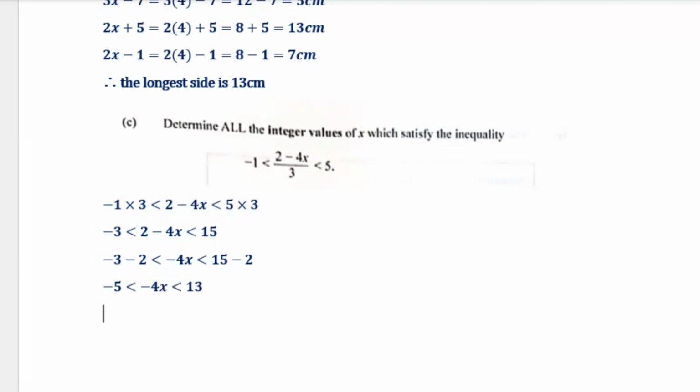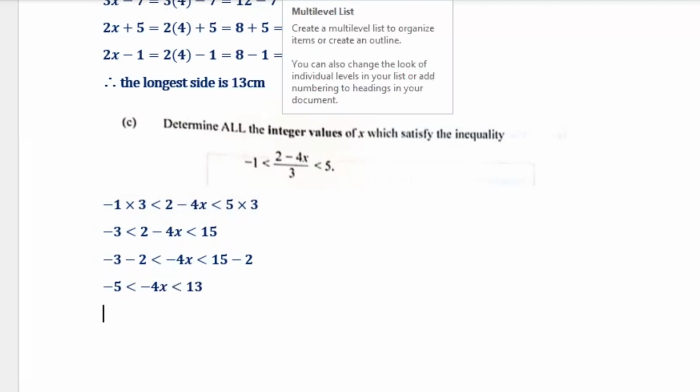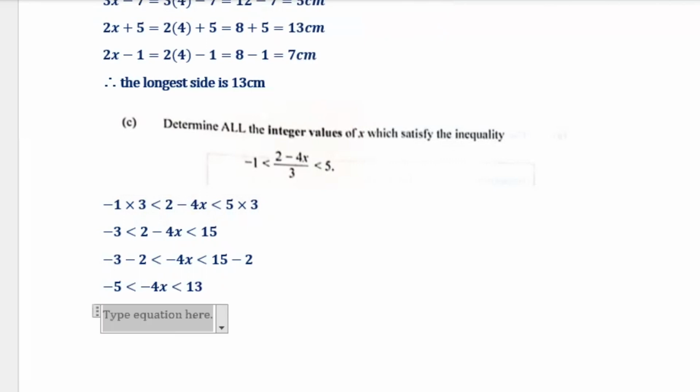Now the only value that remains to be removed is the -4. It is multiplying here, so when it comes across each side of the inequality, basically we're dividing. So we're dividing each side of the inequality by -4. So we'll have -5 divided by -4.